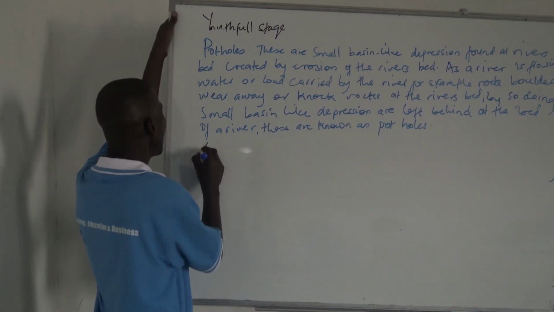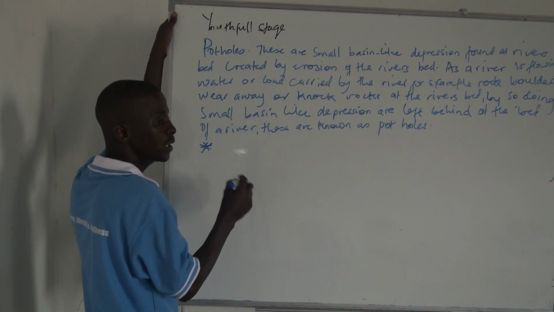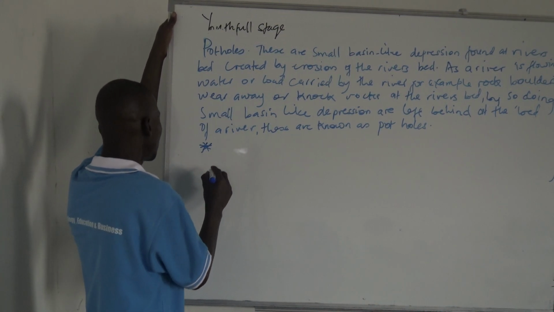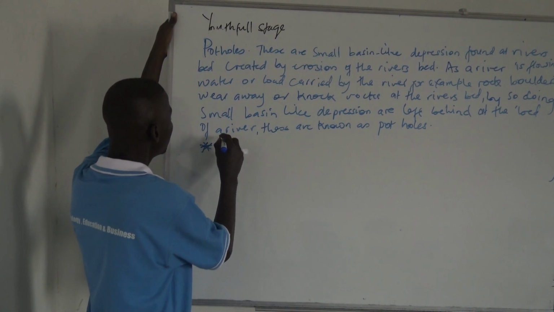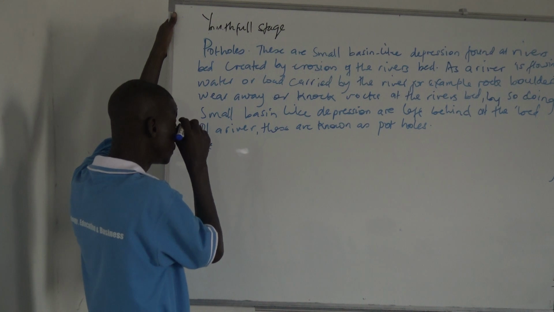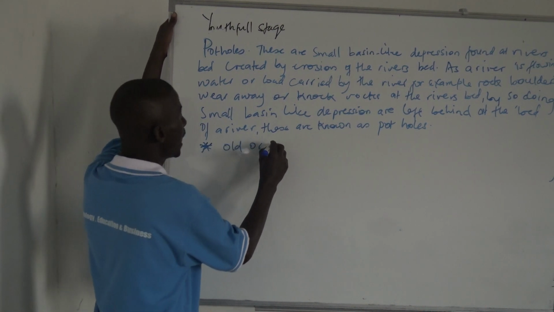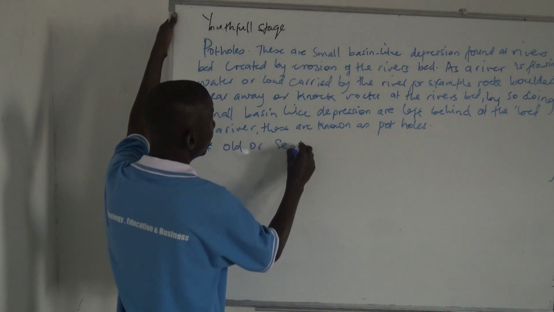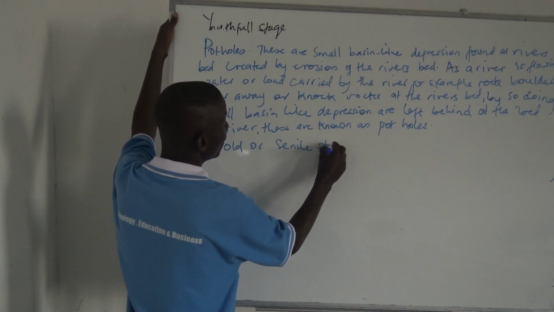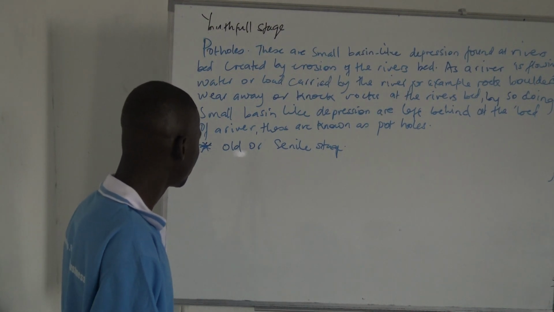Now let us look at the last stage of a river, called the old or senile stage.